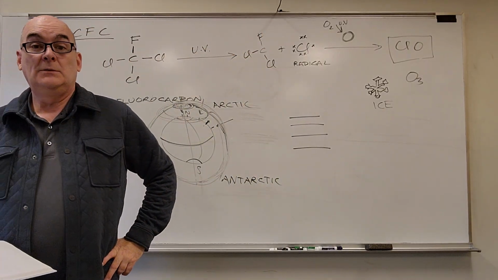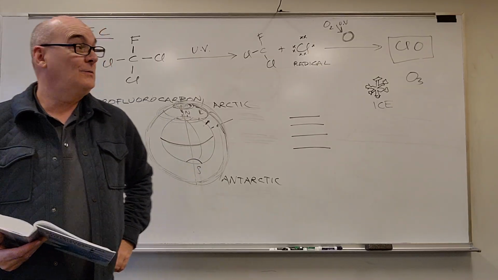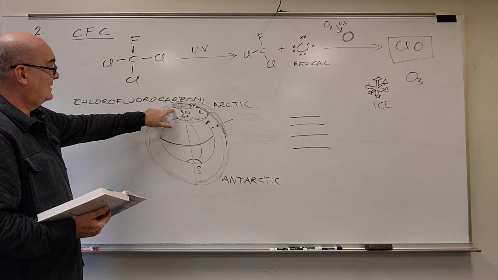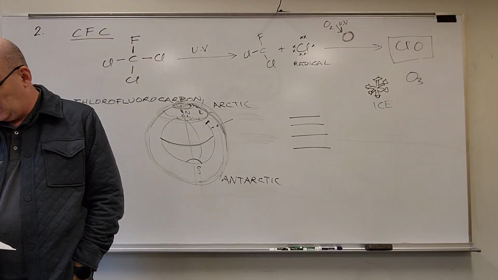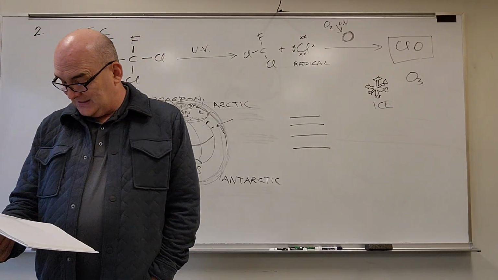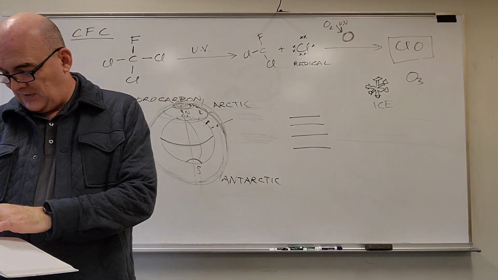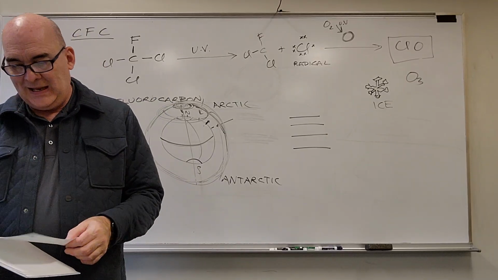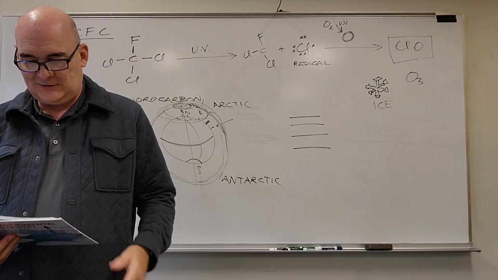There's a thing called a Dobson spectrophotometer. That's the instrument that they used to decide that there was an amount of ozone missing. Ozone is a gas that is present in small concentrations throughout the atmosphere. The total amount of atmospheric ozone that lies over a given point on Earth is measured in Dobson units.